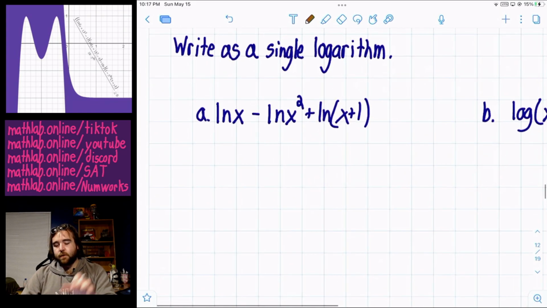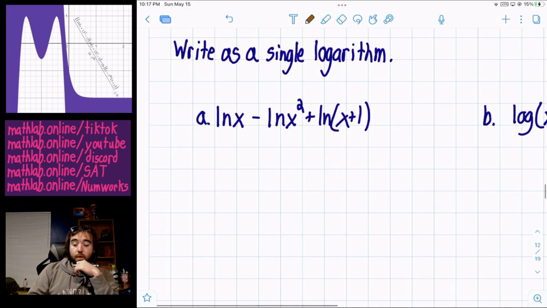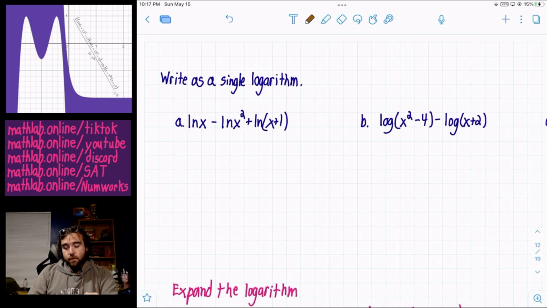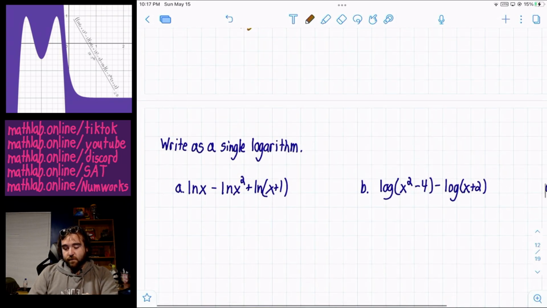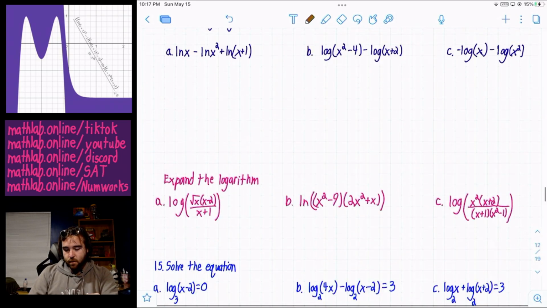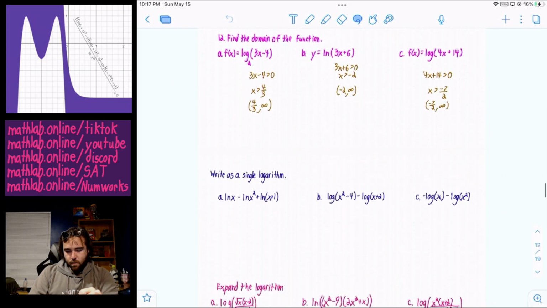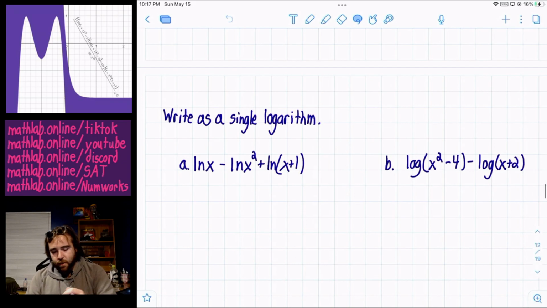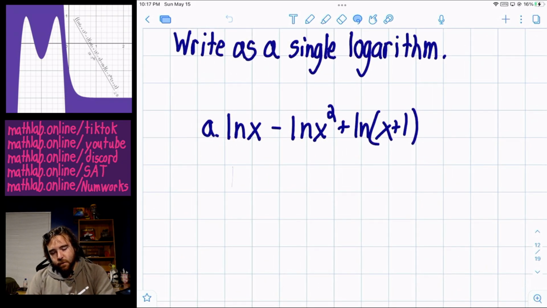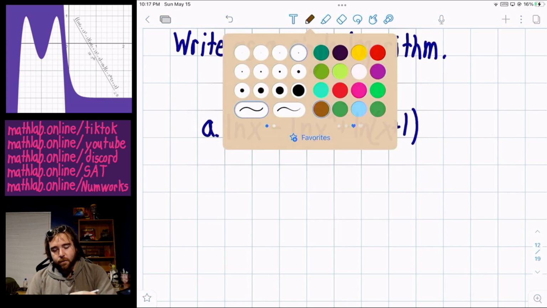All right, cool. So now we're going to write these as a single logarithm. So these two are just kind of the opposites of each other. These don't have numbers. All right, write as a single logarithm. So the positive ones have to go on top of the fraction, and the negative ones on the bottom.